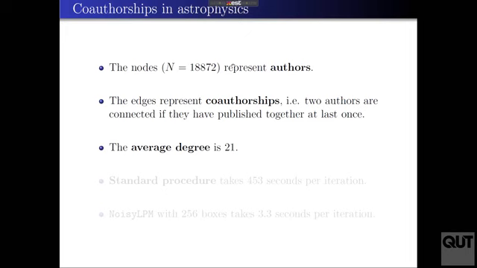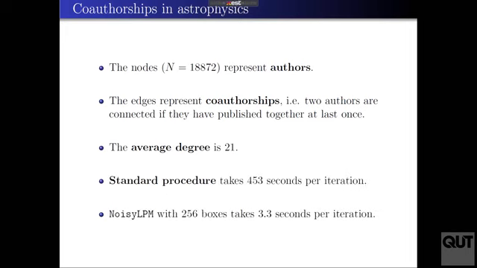The network is very sparse. We have only 21 as the average degree. And here we could only use the noisy algorithm because the standard procedure took quite a lot to run each iteration, so we only ran that for just a few iterations. And we get an extreme improvement with the noisy procedure here.